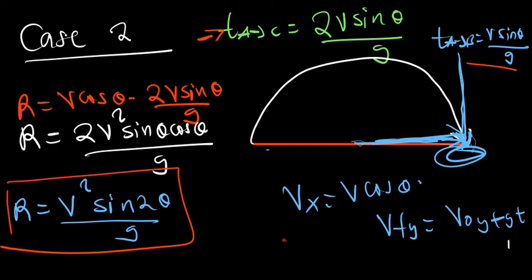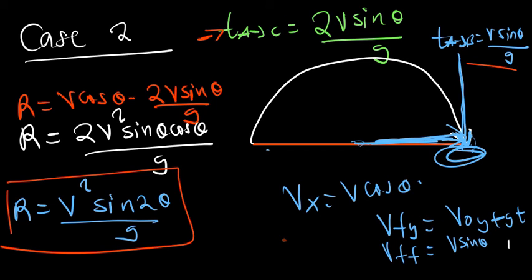So now, when finding the velocity just before it hits the ground, you are going to consider the initial velocity, which for vy is v sine theta. This one we don't know, and then we say v sine theta.